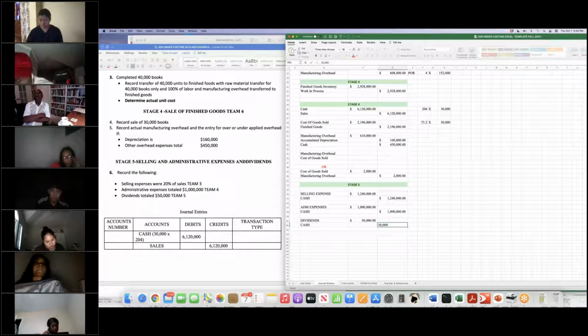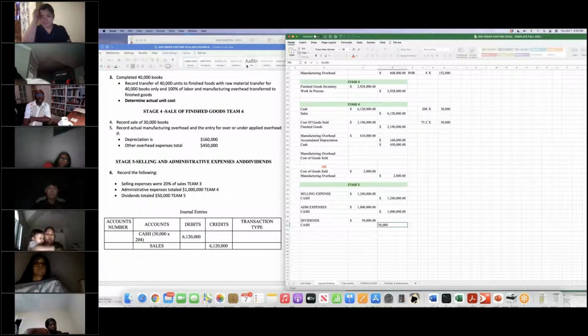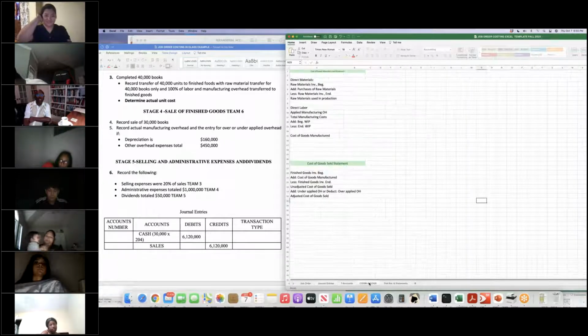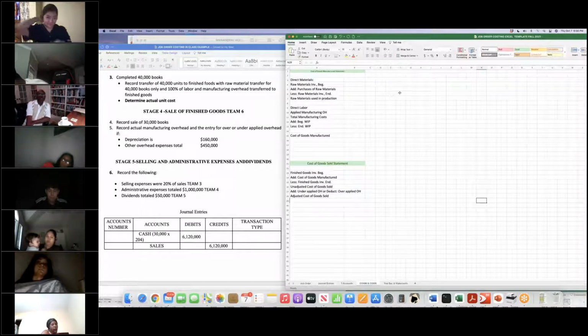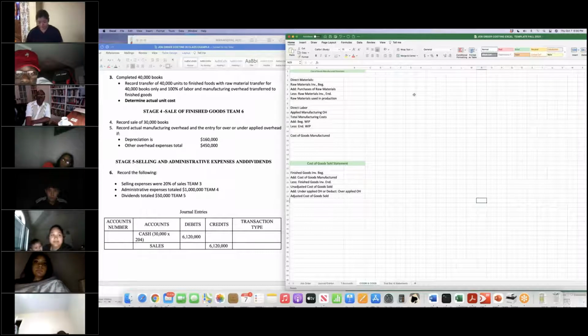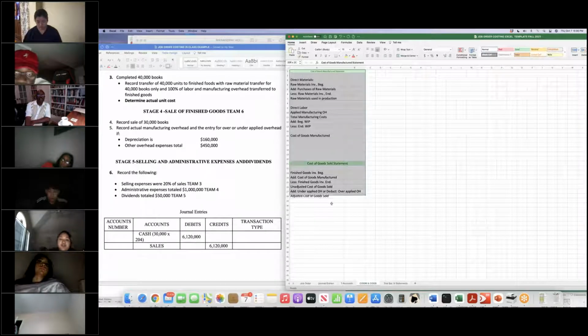Any questions? Okay. Let's look at our two new statements quickly. The first one is cost of goods manufactured, and the second one is cost of goods sold.